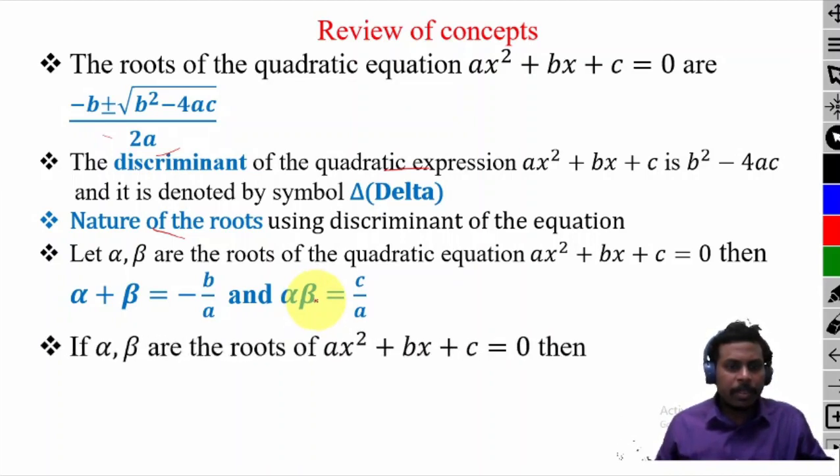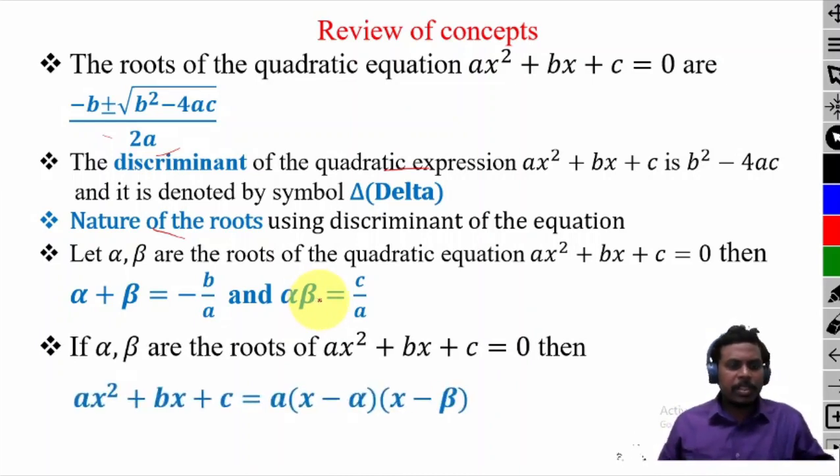We can also factorize it, that is, ax square plus bx plus c can be expressed as a into x minus alpha into x minus beta. Now we are going to use these concepts in solving some of the problems.